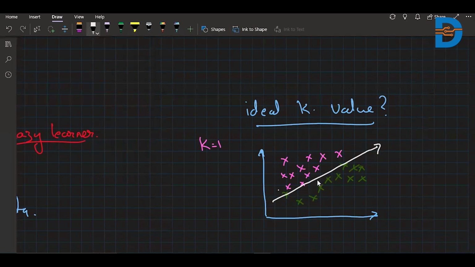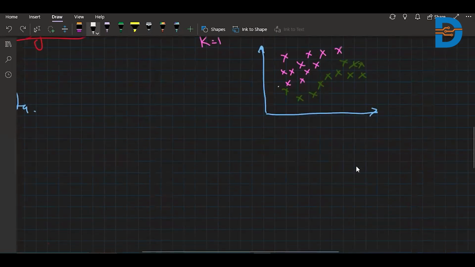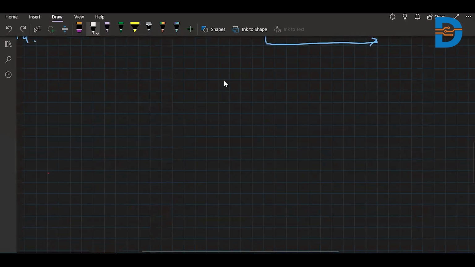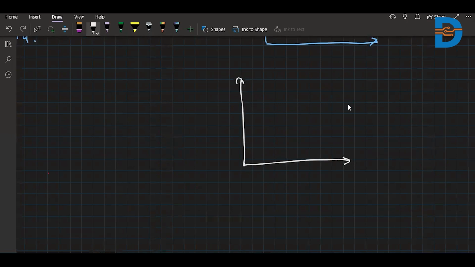So to arrive at an ideal k value and balance out the trade-off between bias and variance, you can use cross validation techniques where you compare some sort of evaluation metric, which could be accuracy or error, for different values of k, right? Let's say we plot the accuracy over here.